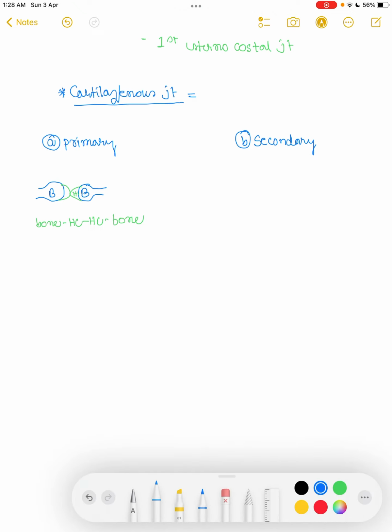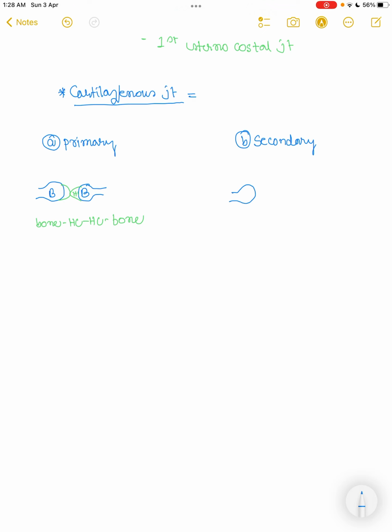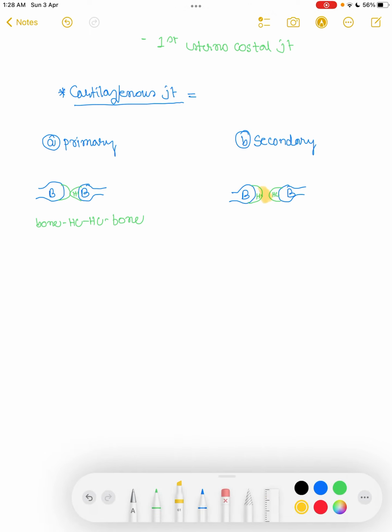In the case of secondary, there is a slight difference. This is the bone, this is the bone, this is the hyaline cartilage, this is the hyaline cartilage, and this is the fibrous cartilage.